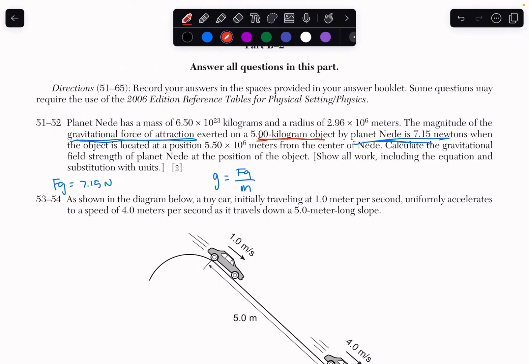It's exerted on a 5-kilogram object, so m is 5 kilograms. So we could just plug everything in. g equals 7.15 newtons over 5 kilograms, and we're going to get 1.43 newtons per kilogram.